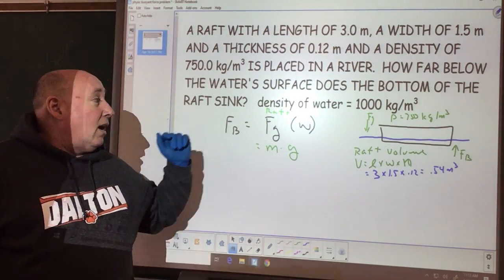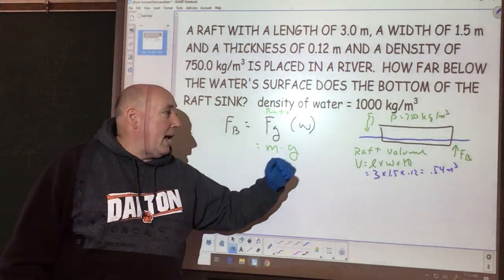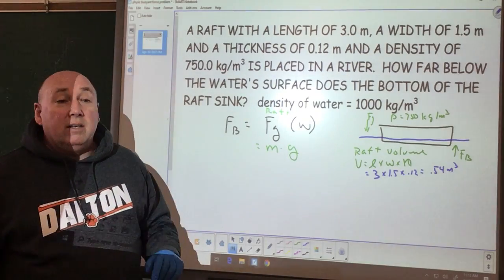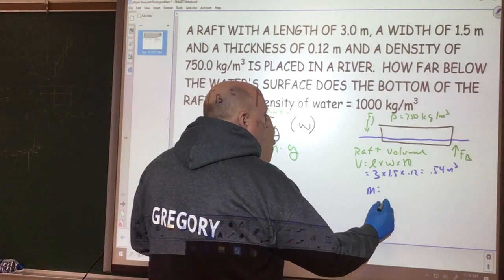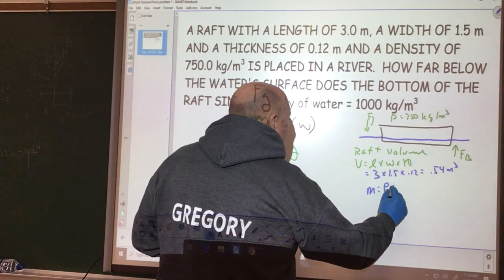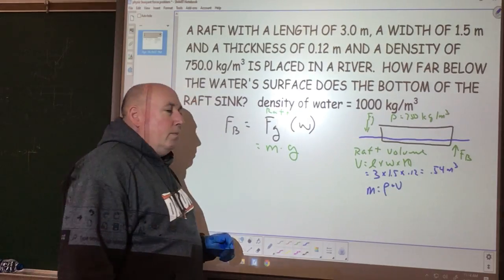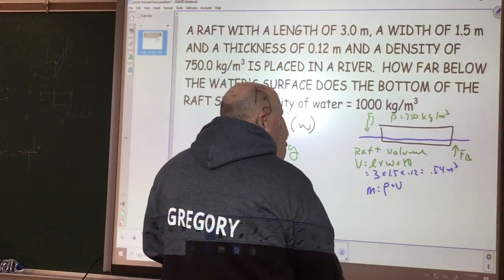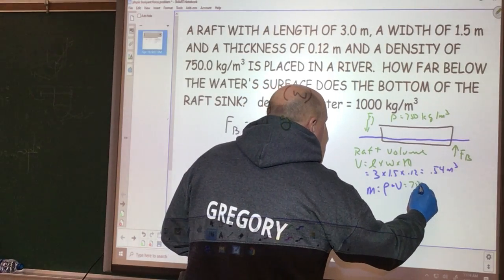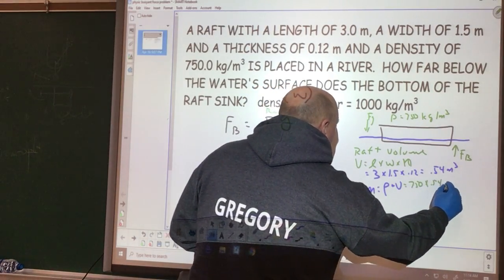How do we calculate the mass though? I know the volume, I know the density. Mass is equal to density times our volume. So our density is 750 times 0.54.